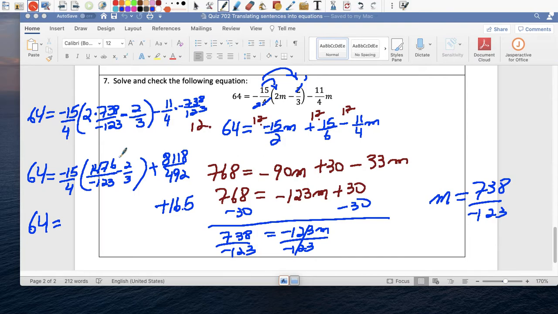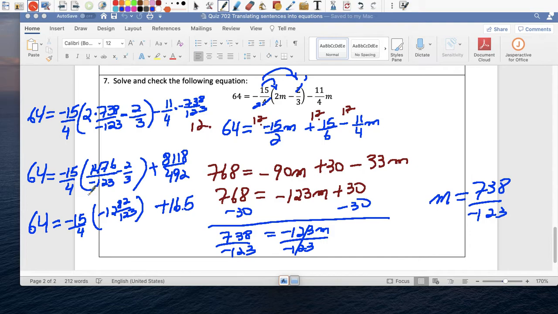So over here, negative 15 over 4, I'm going to leave that alone for now. And then I'm going to subtract that. So on the calculator, I'm going to use fraction: 1476 over negative 123 minus 2/3. Please give me a pretty answer. And that is not a pretty answer. So it's negative 12 and 82 over 123, which I'm going to multiply by a negative number, which in this case is negative 15 over 4.